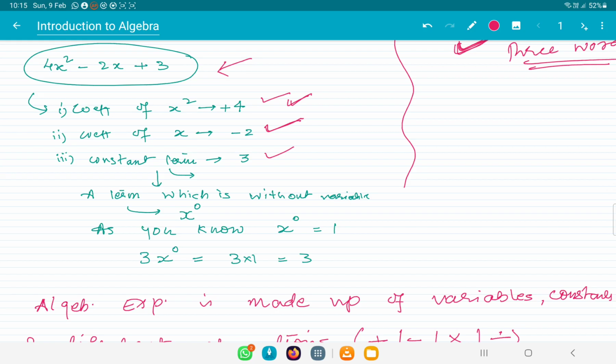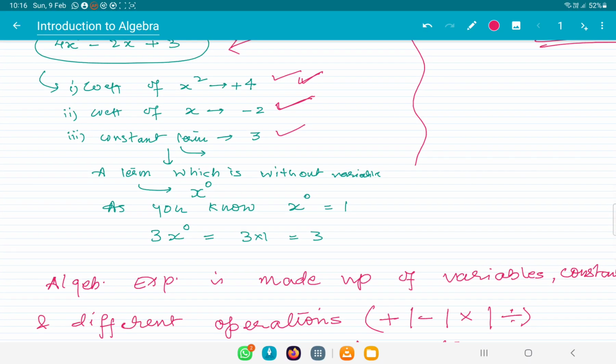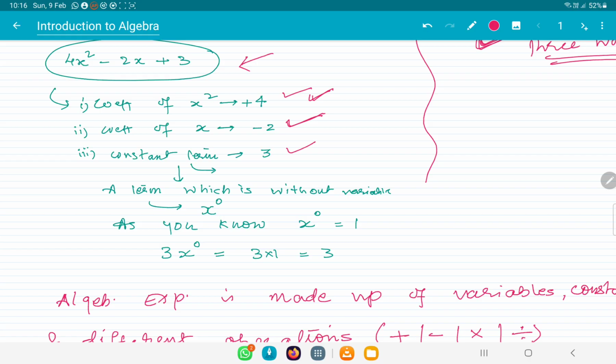How can we judge a constant term? We can define a constant term in 2 ways. First, a constant term will come with only a number, a digit or number. Second, we can judge it as a term whose variable has power 0.